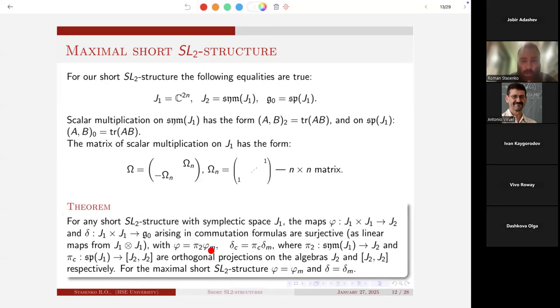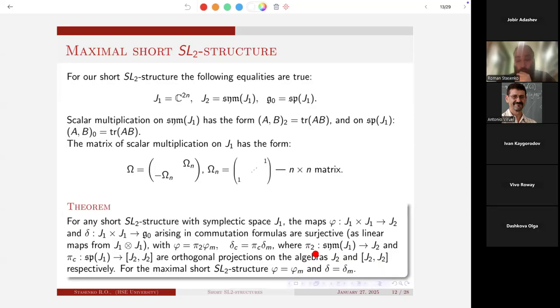We need the canonical maps and orthogonal projections on the algebra J2 and canonical orthogonal projections on the commutator of J2 respectively. So pi c is an orthogonal projection on the commutator of J2, and pi 2 is a canonical projection on J2.